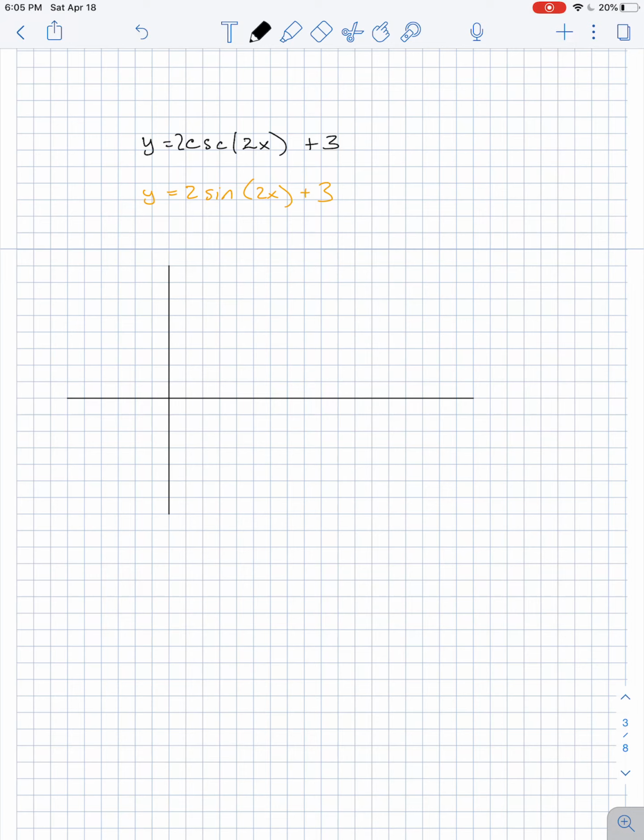My sine graph starts here, up, down, back up. Here's my one period of my sine graph. If you want to draw one more, you can. It's up to you. I'm going to call this 2 because my amplitude is 2.